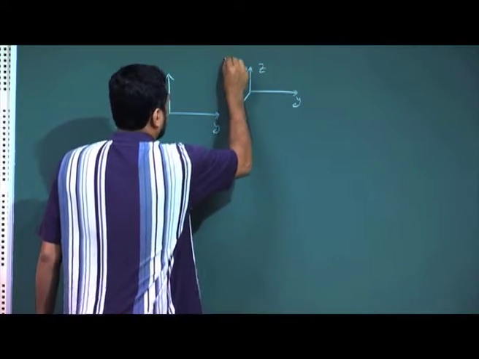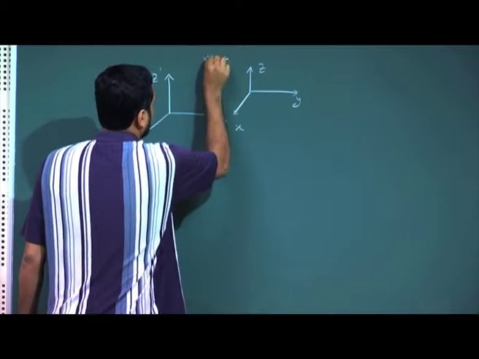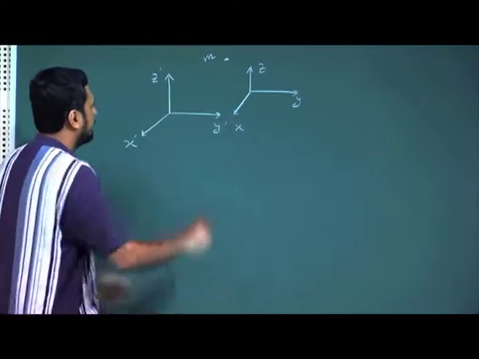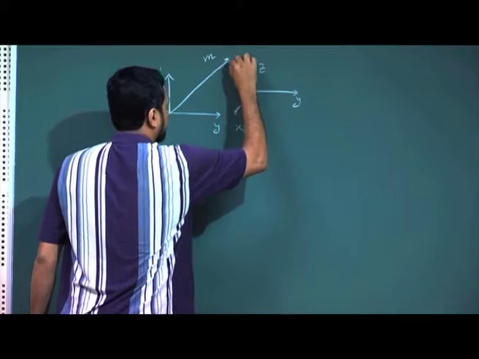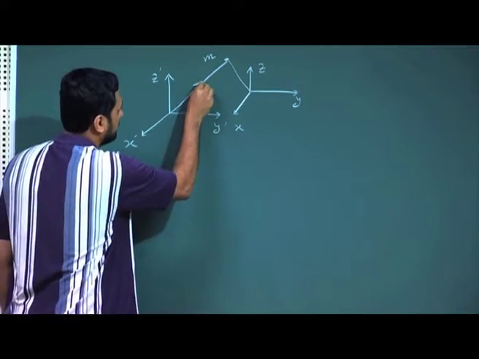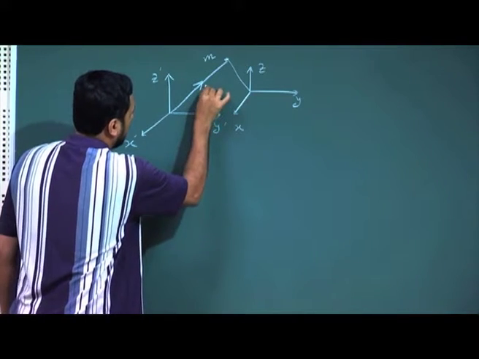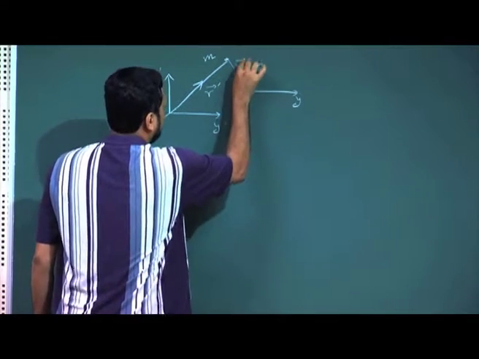Now, a particle which is moving in space, the position vector measured with respect to this frame is r prime and with respect to this frame is r.